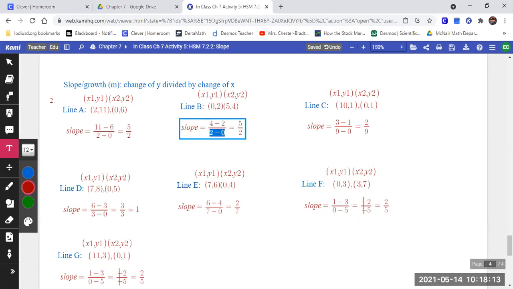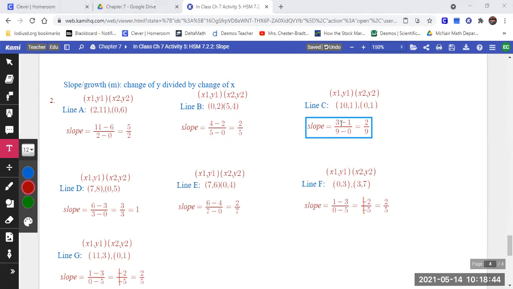What's with the 4? So what's that subtraction going to look like now? Not 2, 0. 5 minus 0. Okay, so go do the math. What do we get? 2/5. Okay.